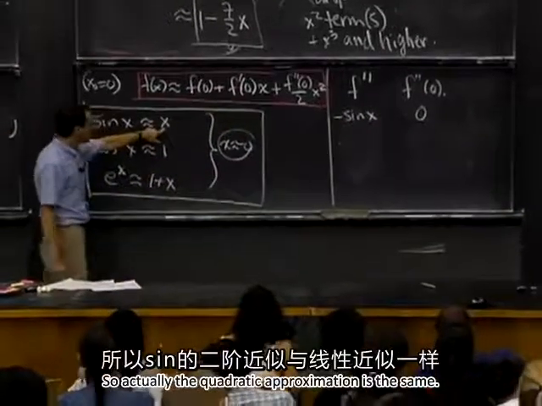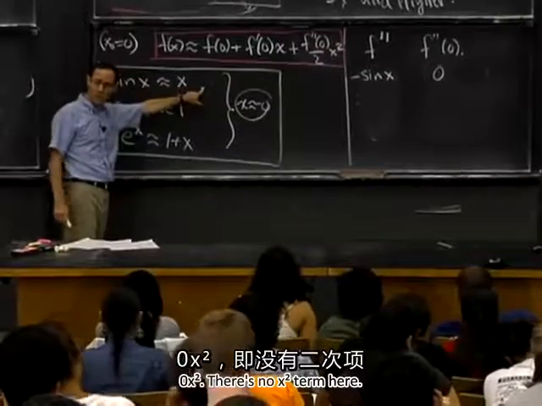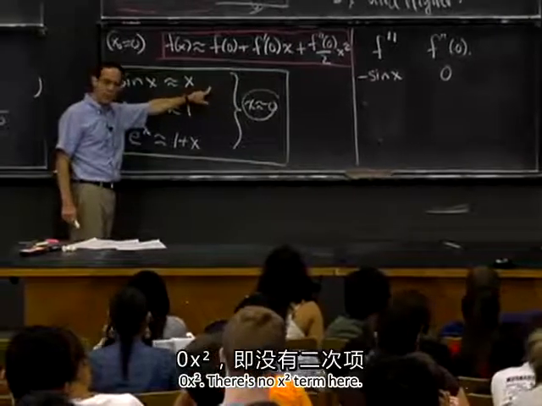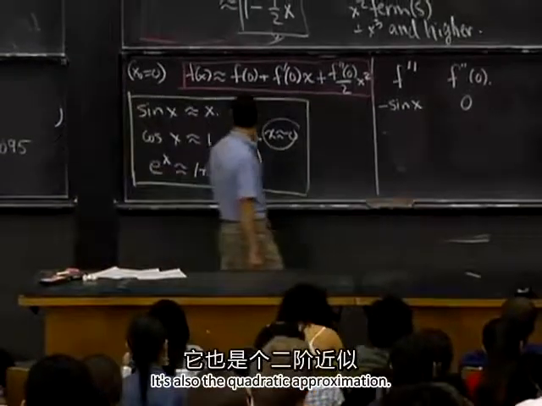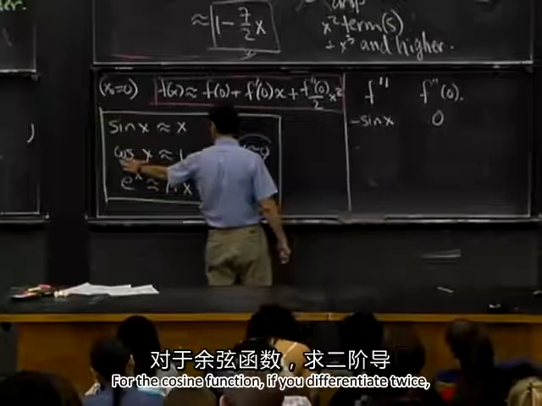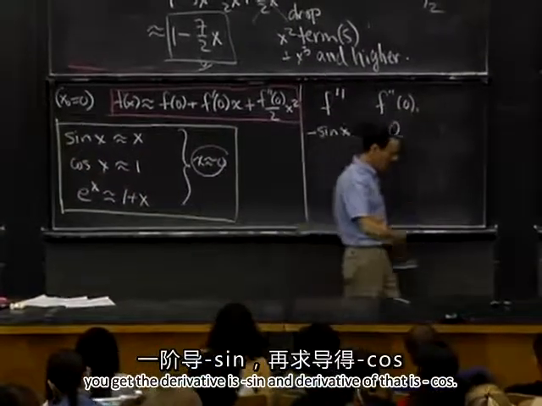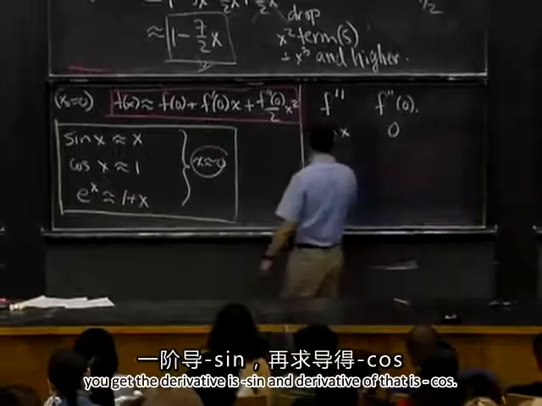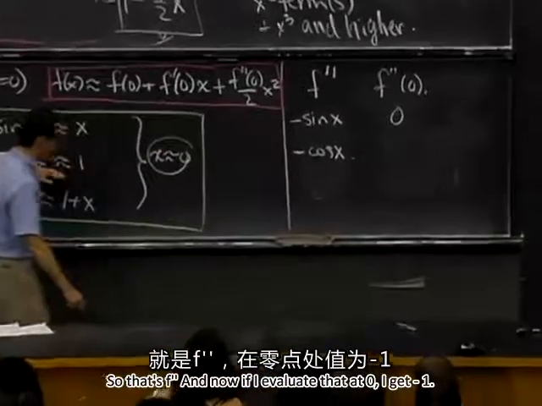So actually, the quadratic approximation is the same. It's 0 times x squared. There's no x squared term here. So that's why this is such a terrific approximation. It's also the quadratic approximation. For the cosine function, if you differentiate twice, the derivative is minus the sine, and the derivative of that is minus the cosine. All right, so that's f double prime.